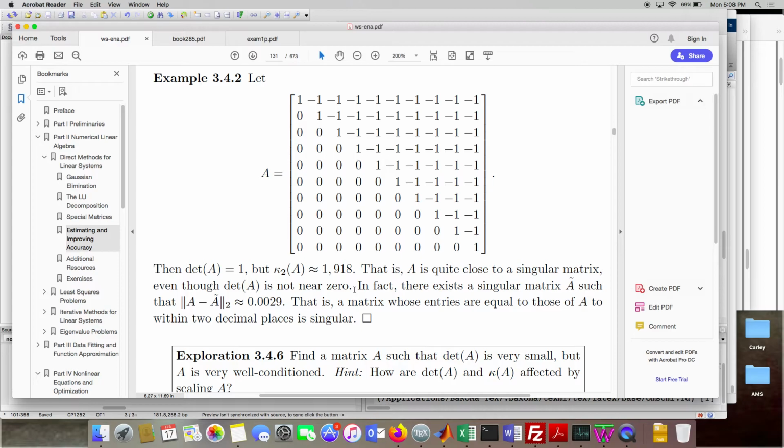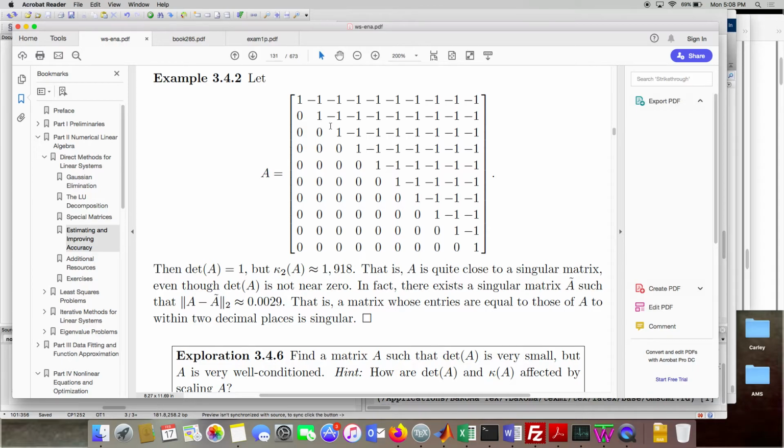Here's an example. This matrix has 1's on the diagonal, minus 1's above, 0's below, upper triangular. The determinant is a product of all diagonal entries, so the determinant is 1. So you think, oh, that's not near a singular matrix because the determinant is not near 0. But the condition number is fairly large, nearly 2,000. So you can tweak this matrix by just a little bit and get something that's singular, even though the determinant is not near 0.